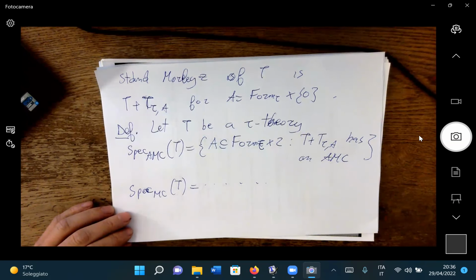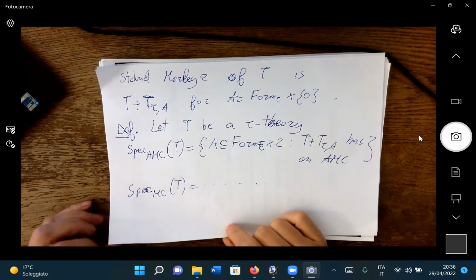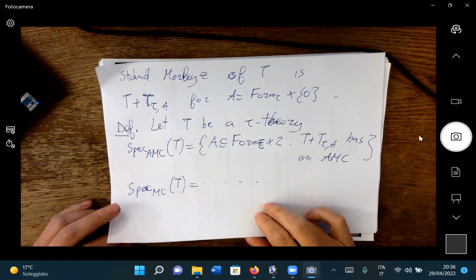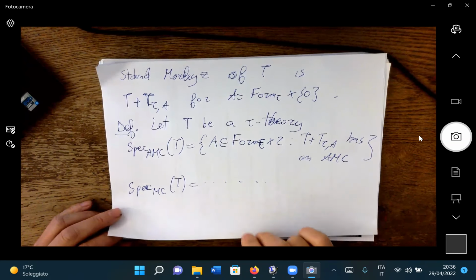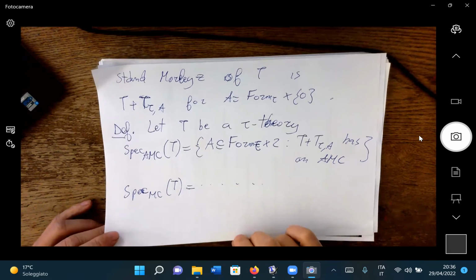So you don't have to first show that the theory is simple, in the sense of simplicity, tameness, stability, and then analyze the theory once you know that it has a nice tameness property.